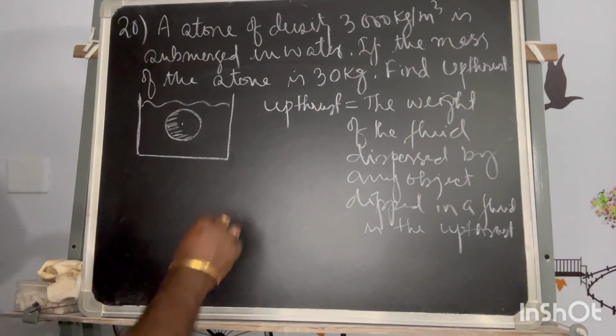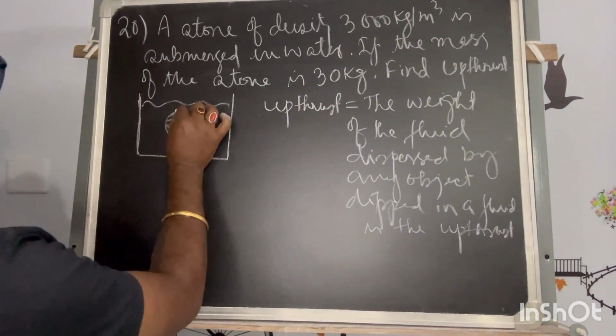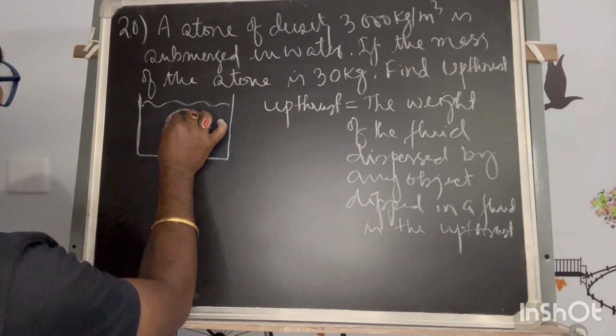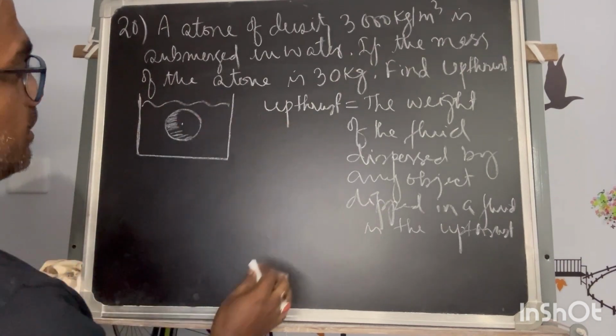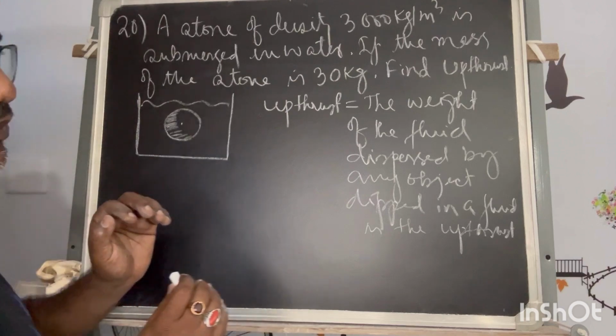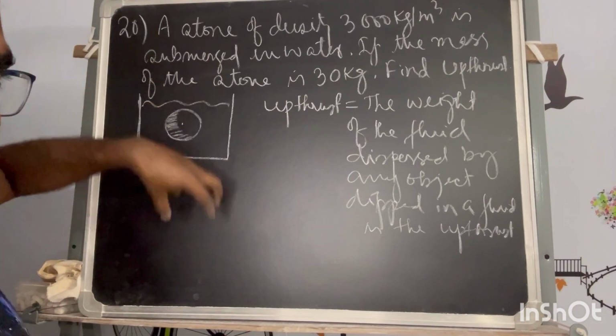Fine. So if I go with the statement of the theory, in this case the stone is submerged, so it is displacing an equal volume of liquid when it is dipped inside.